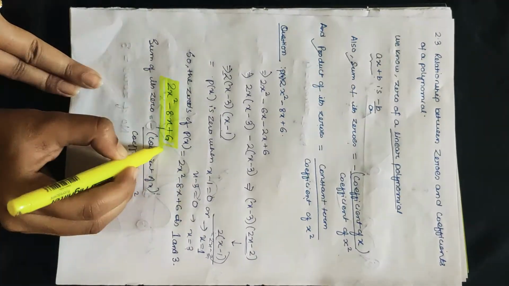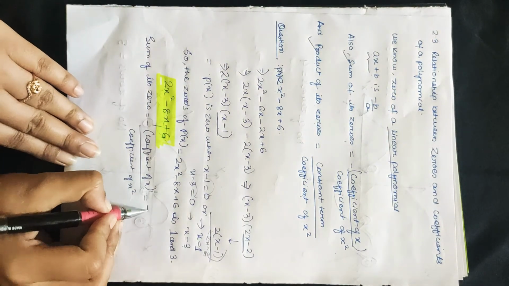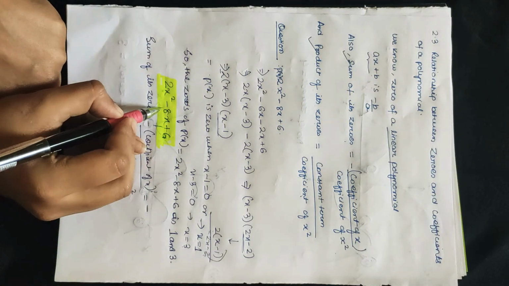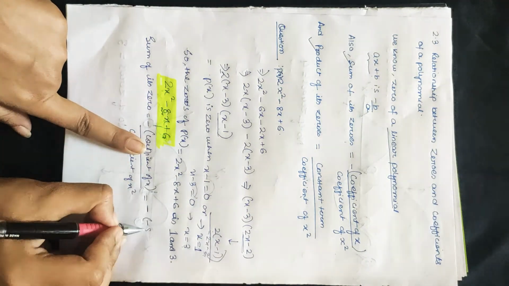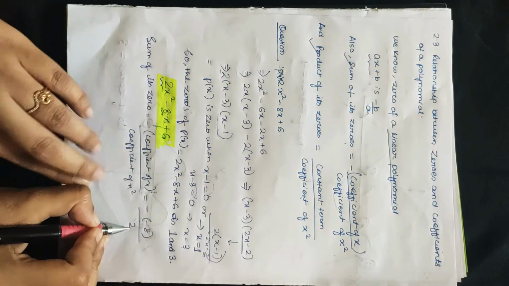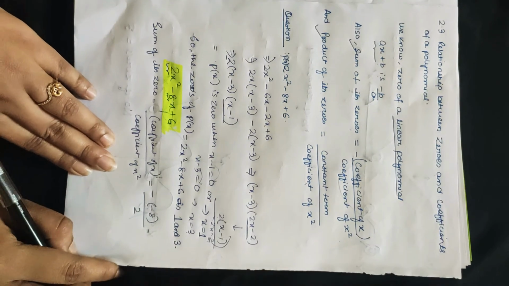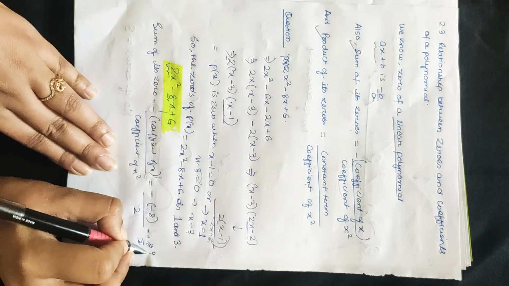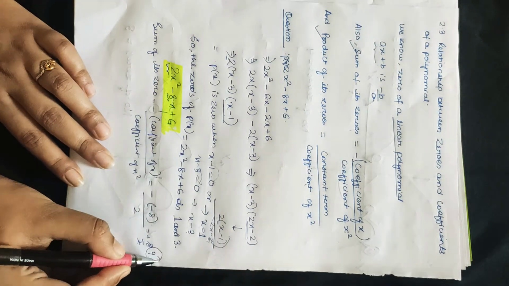What is the coefficient of x? Let's take the minus symbol as it is. The coefficient of x is minus 8 because it's with x. And the coefficient of x square is 2. So minus minus is plus, so it is 8 by 2, which is 4. So the sum of its zeros is the number 4.